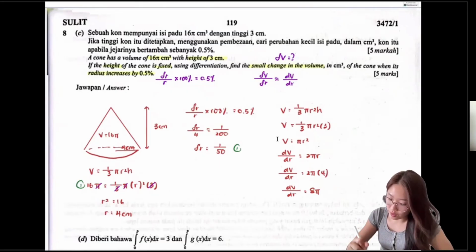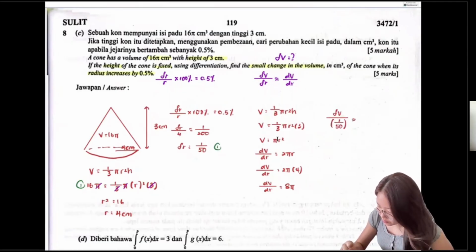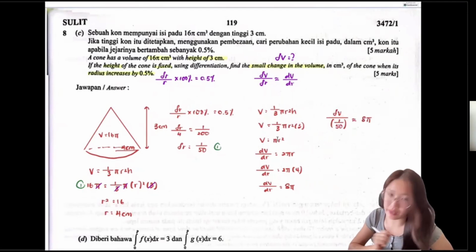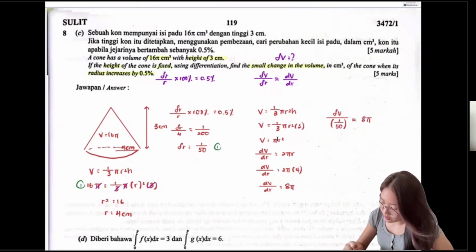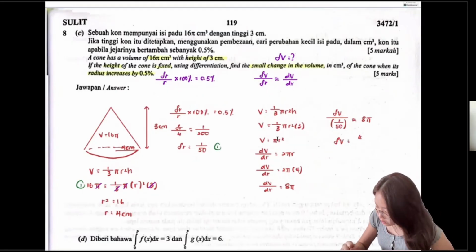After you have this, you can start using the small change formula to find delta V. Delta R is 1 over 50, sub in, approximately equals 8 pi. So delta V equals 8 times 1 over 50. It's 4 over 25. Don't forget the pi.